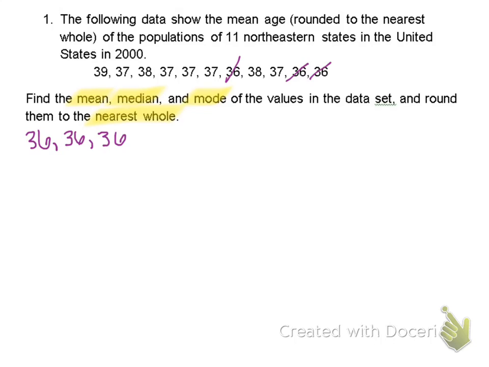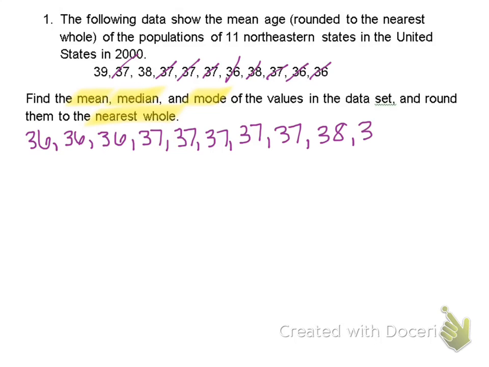The next number would be 37. I'm going to cross them out as I go. And one more here. The next number would be 38. Cross that one out. And there's another one. And then the last number is 39.